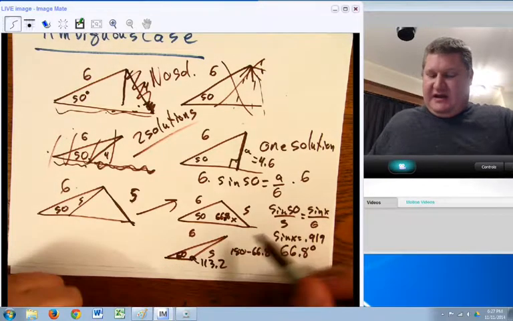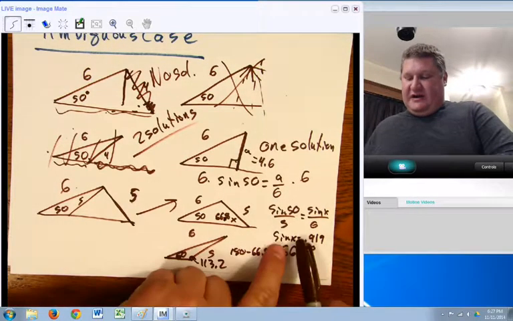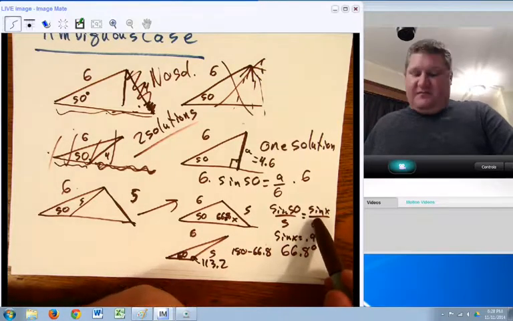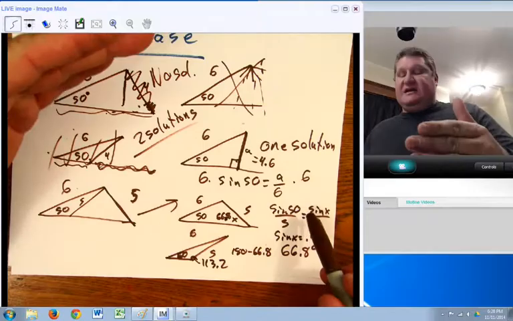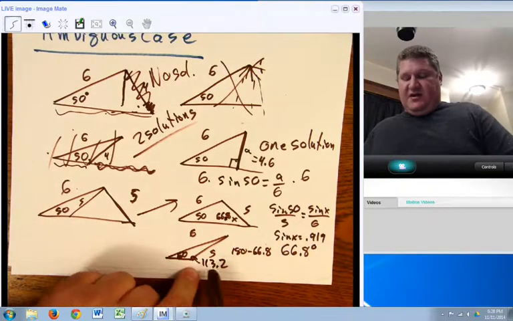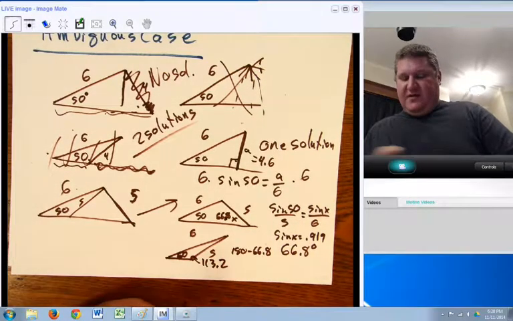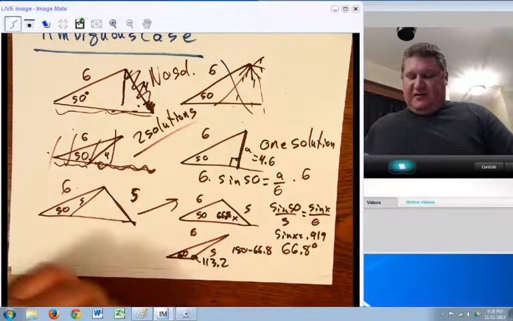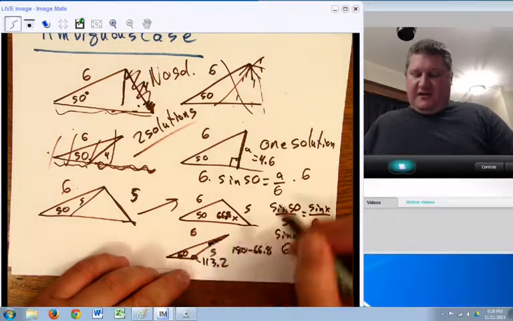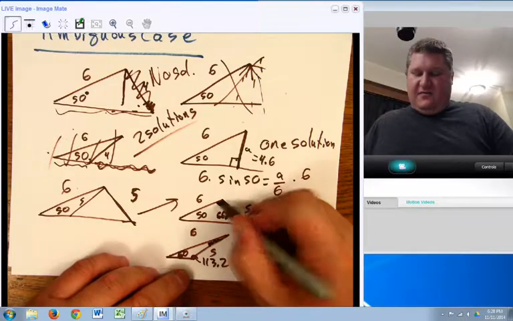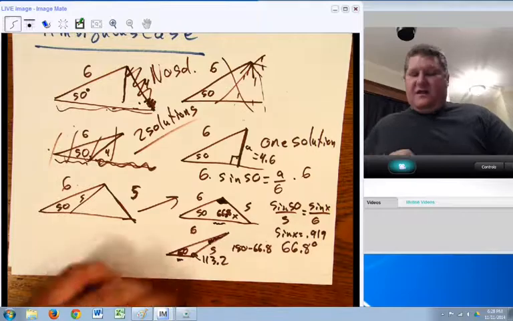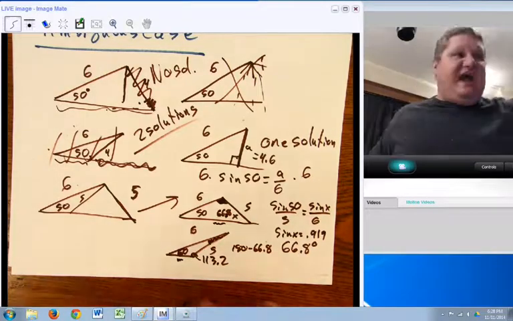Reason being, anytime I do an inverse sine, it's going to by default give me something between negative 90 and positive 90. It's not going to pick up an obtuse angle like that, so we have to change it manually from acute to obtuse. At this point, I can now find the remaining angle here and the remaining angle here. I can find the remaining side here and the remaining side here. And it splits into two different triangles. So that is the ambiguous case.